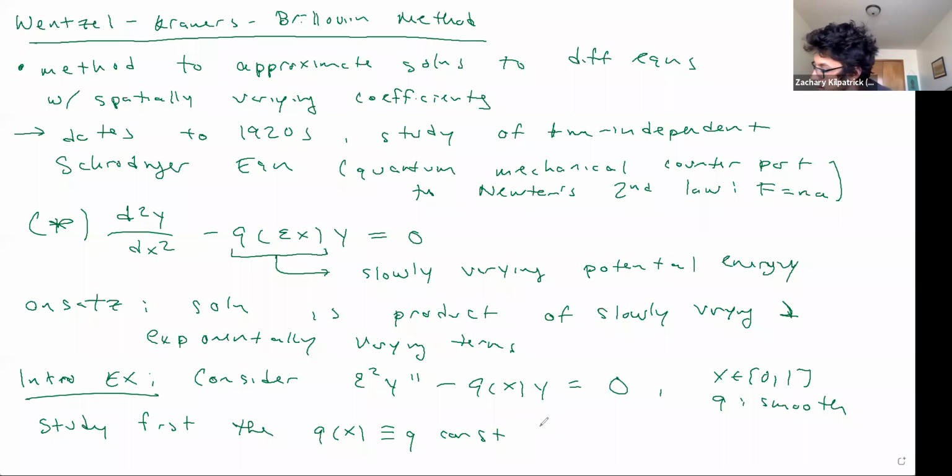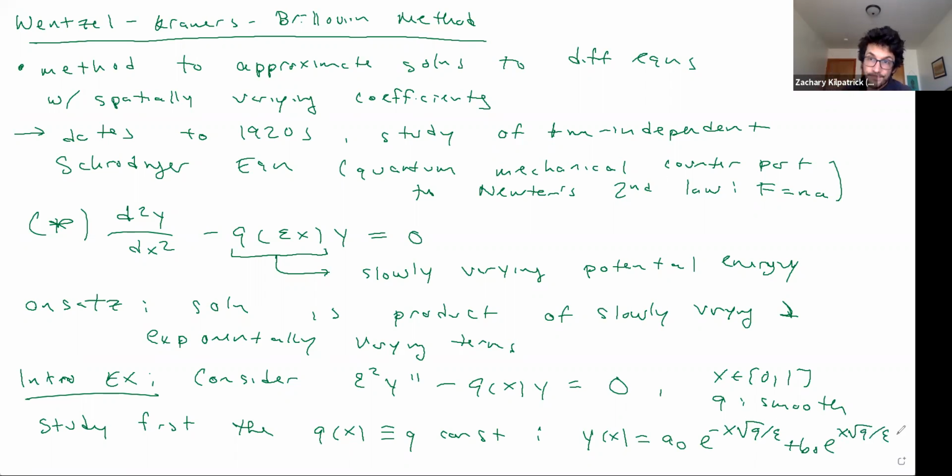And in that case, we can easily solve for the general solution, which is going to be y of x equals a0 e to the minus x square root of q over epsilon plus b0 e to the x square root of q over epsilon.